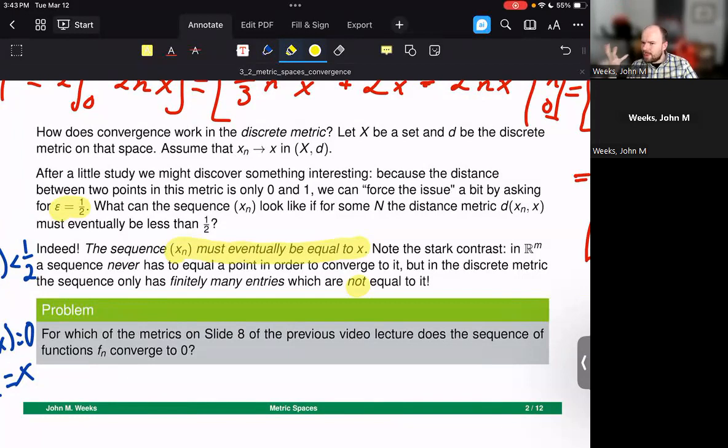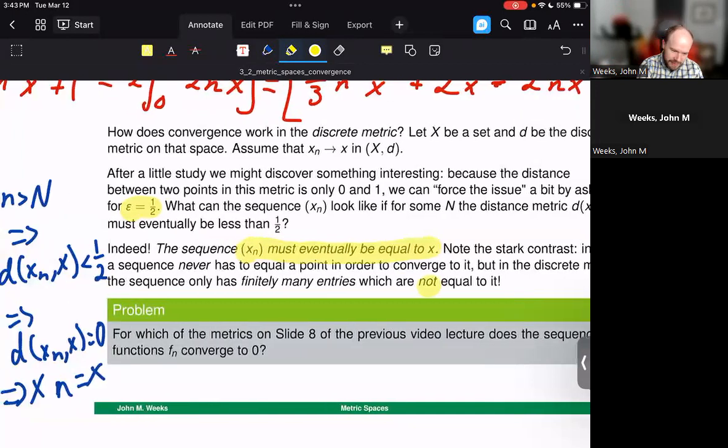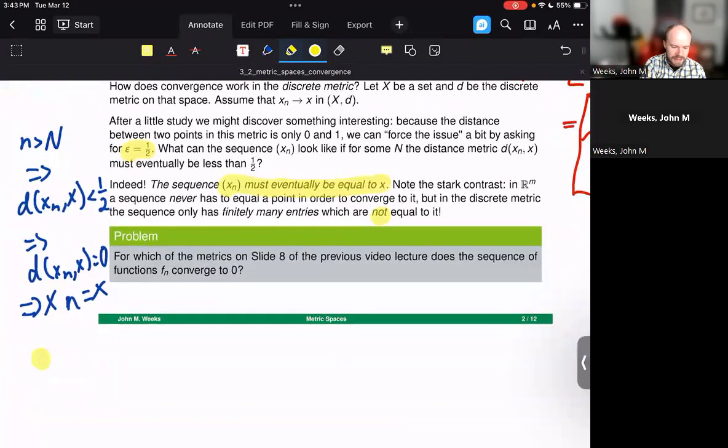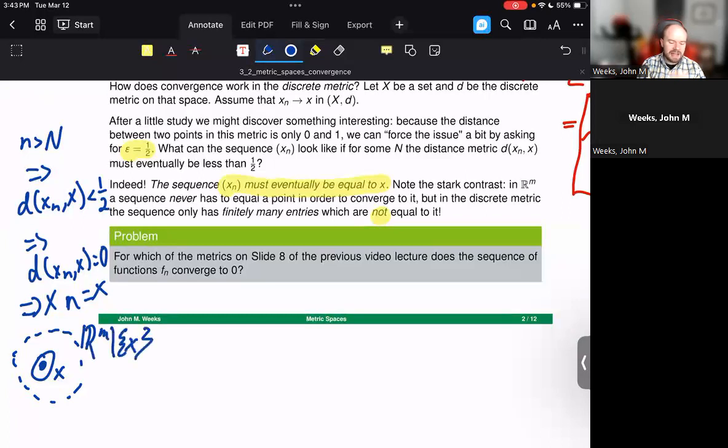But remember that we're thinking about changing our geometric intuition here based on what the metric is. Recall again that in the discrete metric, every point is distance 1 away from every other point. So here is a point x that I'm having this converge to. Any other point inside of this space, and that could be R^m, that could be everything else, this whole space, which you could think of as just R^m with x taken out, is all of distance 1 away from the point x.